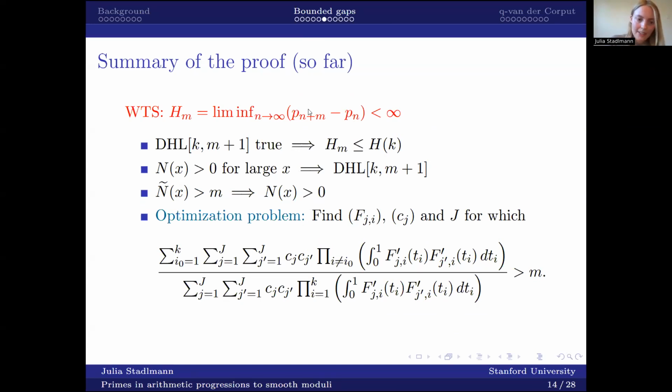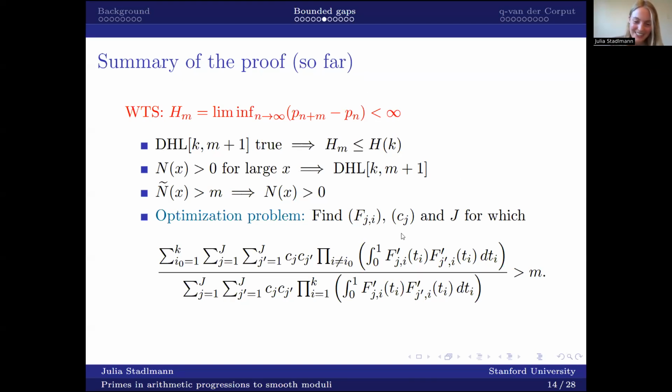And to prove the weak Dickson-Hardy-Littlewood conjecture, we want to use the GPY method and show that n of x, which depends on k and m, is greater than 0. And to show this, we use the Maynard-Tao sieve weights. And with those, it can be shown that n of x is greater than 0 if this ratio here is greater than m. So that's the optimization problem. And this is a difficult optimization problem, but this gives a concrete plan to proving upper bounds on the lim-inf.